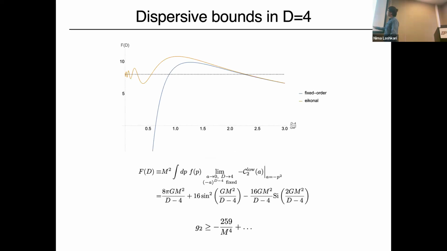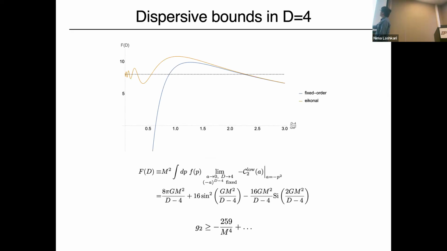And what you'll find is this plot. In this plot, I'm plotting basically the bound versus d-4 over G Newton. It's a function of G Newton and d, and d minus 4 you should think of as your IR cutoff. If you expand this at small G Newton, which is in this region, then the two results agree.